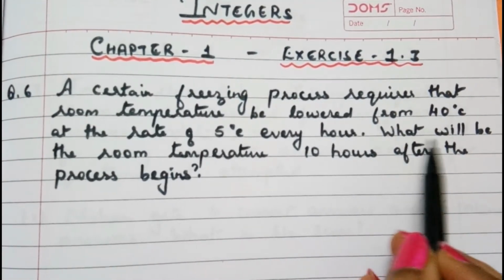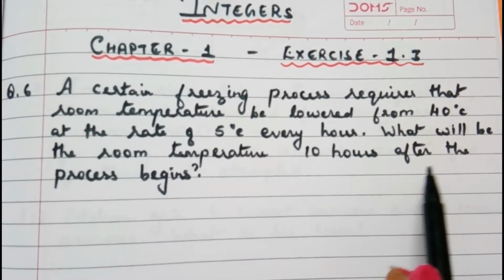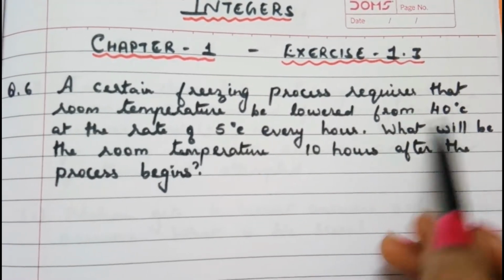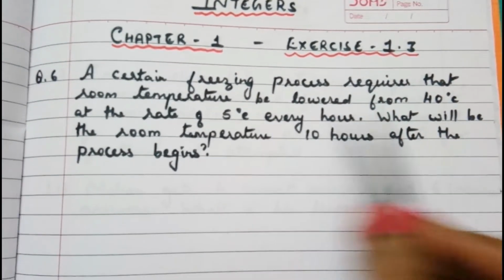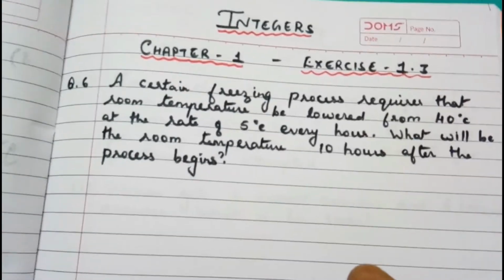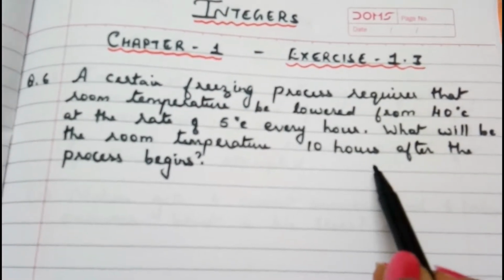What is the question asked? What will be the room temperature 10 hours after the process begins? Means once we start reducing 5 degrees Celsius from this 40 degrees Celsius every hour, what would be the temperature at the end of 10 hours, after 10 hours?